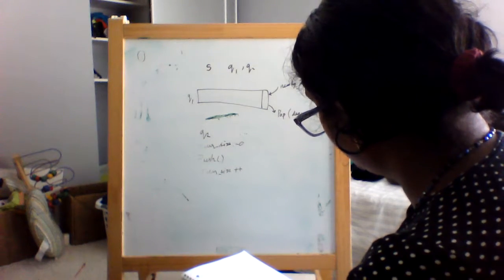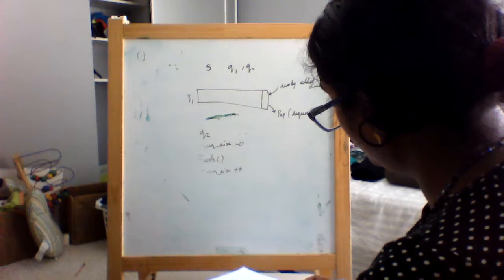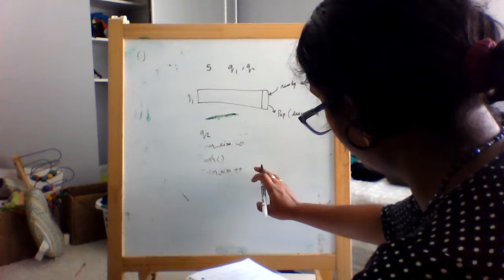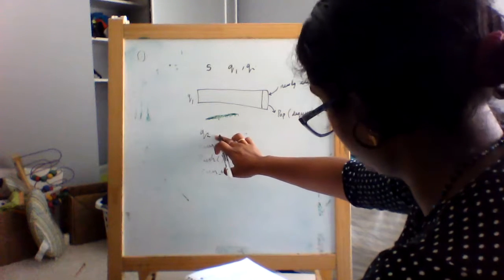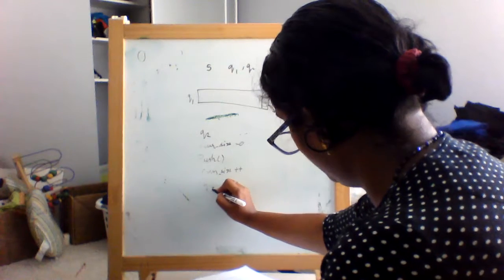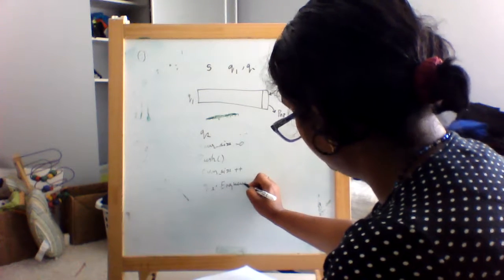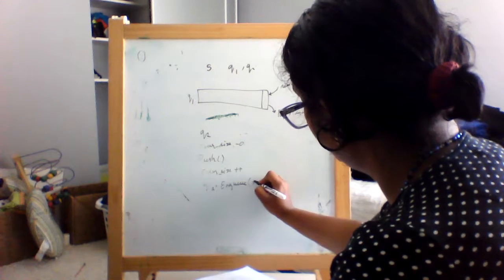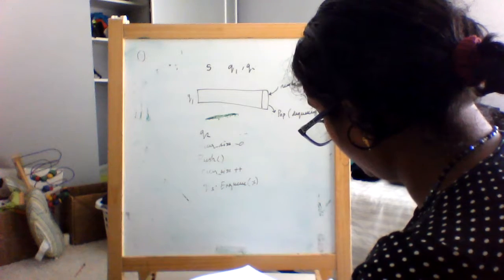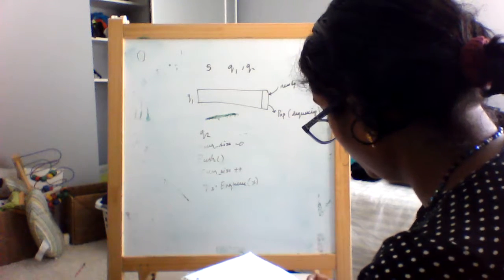Then push X first in the empty Q2. So next, we are pushing this X into Q2 first, that is Q2.NQ of X. This does the function of pushing X first in the empty Q2.